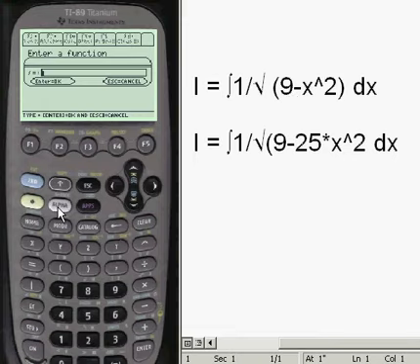We're going to enter the function, the integral. You have to press alpha first. Alpha 1 divided by the square root of 9 minus x squared.